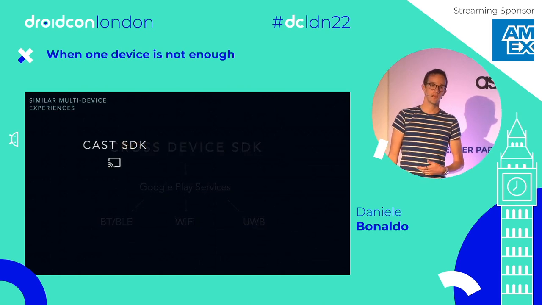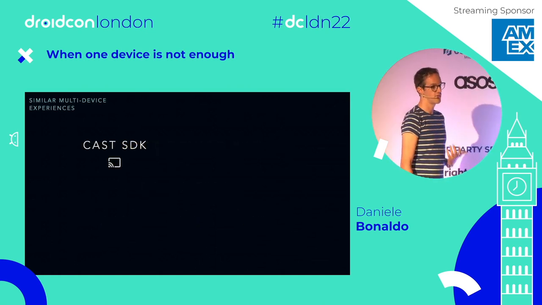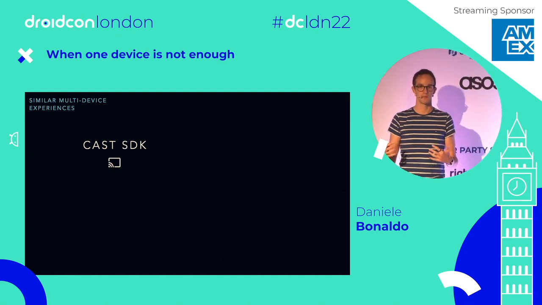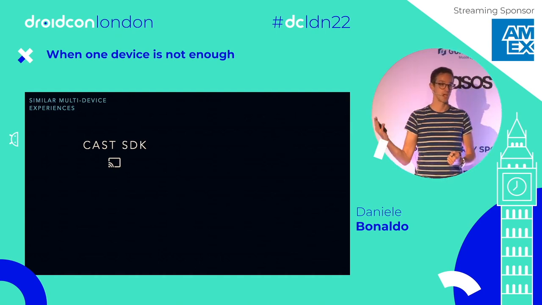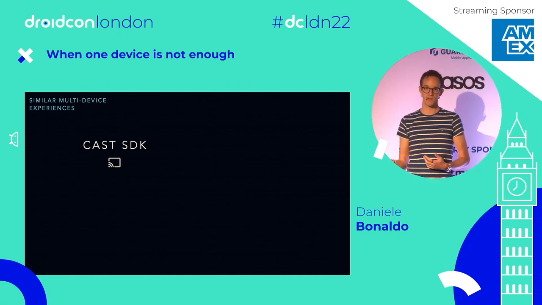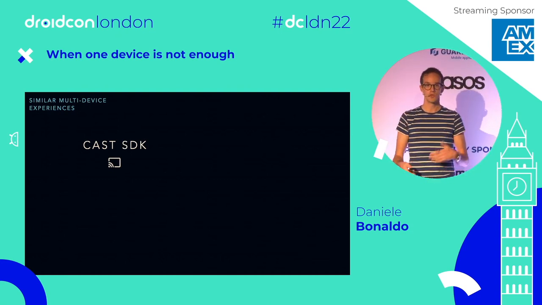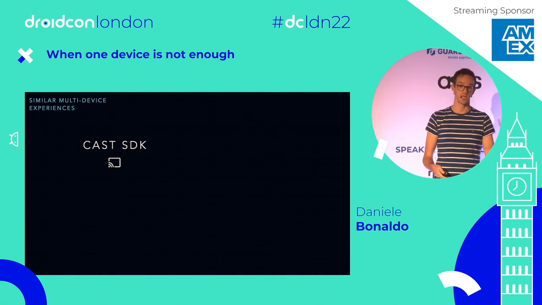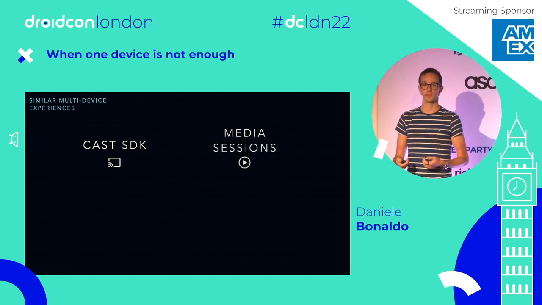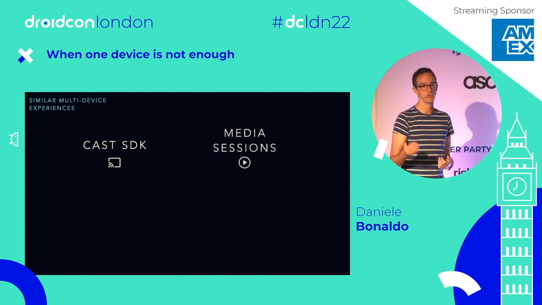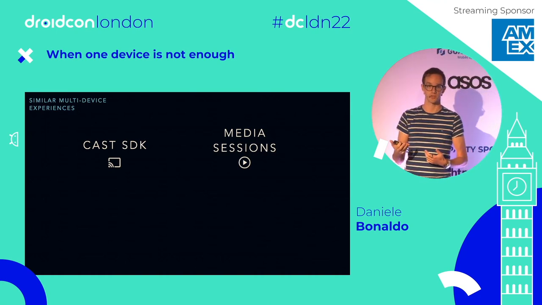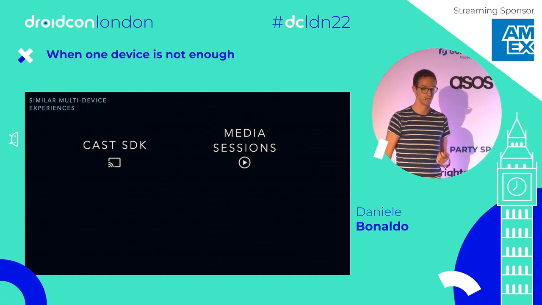Now, this is not by any means the first SDK available for us as developers that allows us to communicate with and control multiple devices. We have, for example, the Cast SDK that allows you to project and control streaming from one device, the main one, to another receiving device, typically a smart speaker or your TV. You have media sessions, which allow you to continue, resume, and control background media sessions on your device or multiple devices.